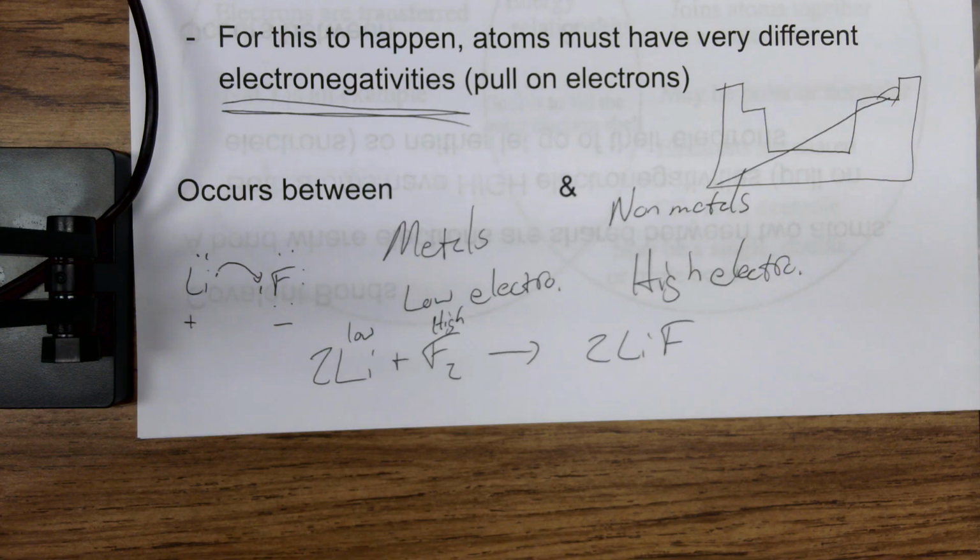Now, we're going to put names to these positively charged metals and negatively charged nonmetals. We're going to mention them today, but we're going to dig a lot deeper into them next time I see you.